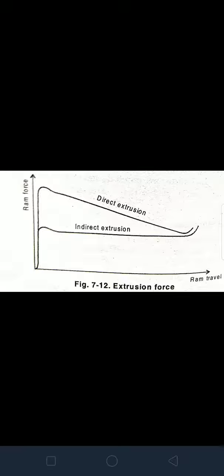In direct extrusion, the ram force required is very high because frictional forces and resistance are higher. In indirect extrusion, the metal flows against the ram, because the ram is designed in such a way that the mandrel is attached and forces against the mandrel.